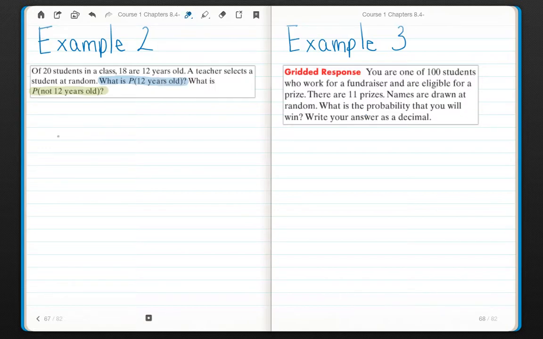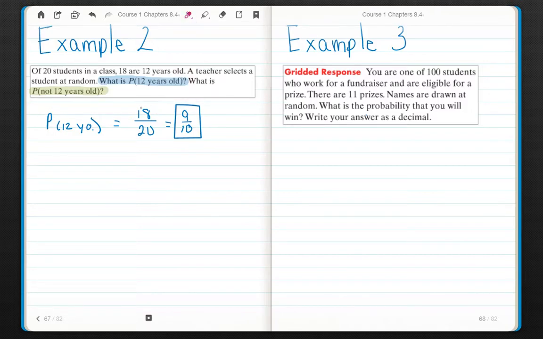So first I'm going to find the probability of selecting a 12-year-old. And it says there are 18 12-year-olds out of 20 altogether, which will reduce to 9/10. So the probability of the teacher selecting a 12-year-old is 9/10.